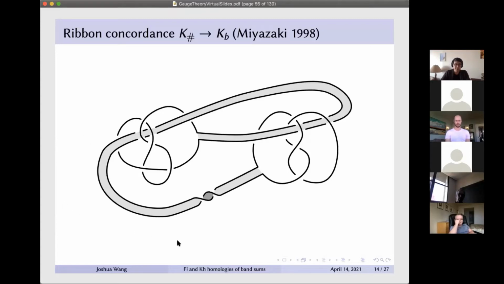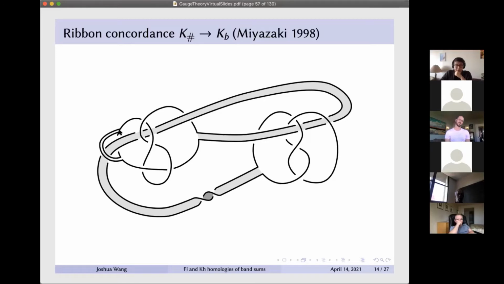Here's my depiction of KB, an arbitrary band sum of two arbitrary knots. Let me do a saddle move, and then some isotopies. Let me go back and explain what just happened. In this diagram, the band lies in front of the knot.